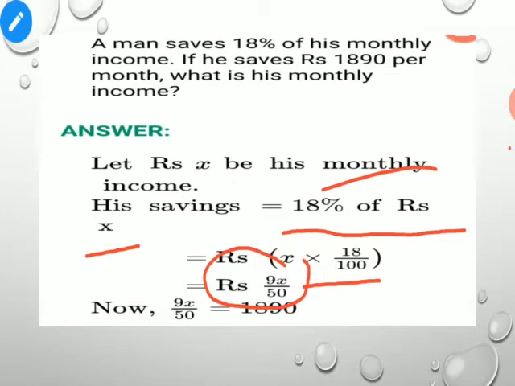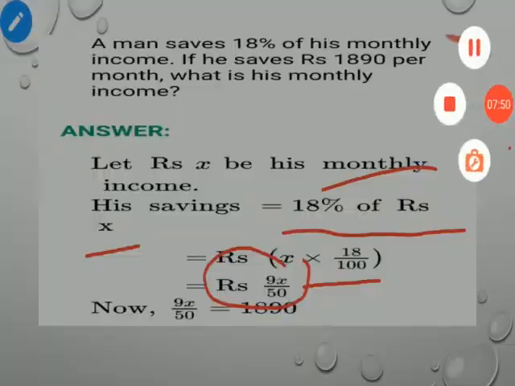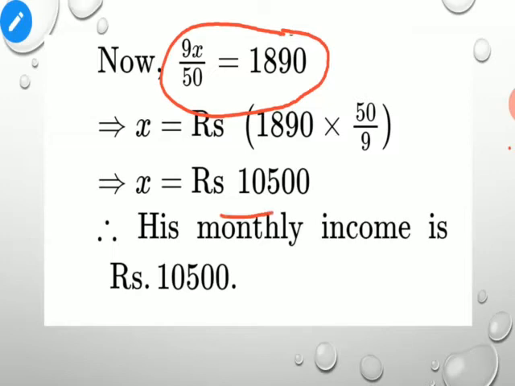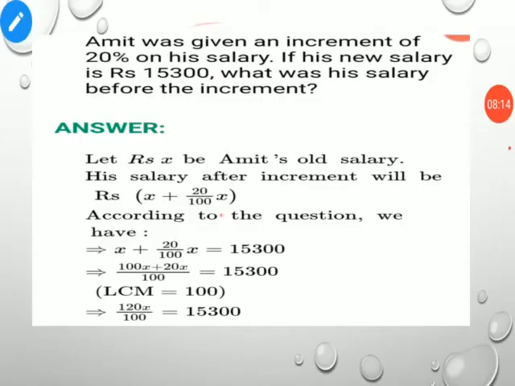Now as you know, in the question it is given that his saving is equal to 1890. Now as it is given that 9x upon 50 is equal to 1890, do the cross multiplication and you will get the x value, that will be 10,500. So his monthly income is 10,500.